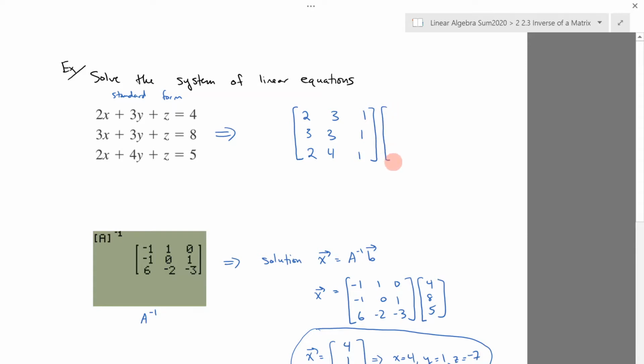Then the column vector for the variables, x, y, and z. And then on the right hand side are the constant terms, 4, 8, and 5. So this represents A, this represents X, and this represents B. The system is in the form AX equals B, and then we solve it by taking the inverse.